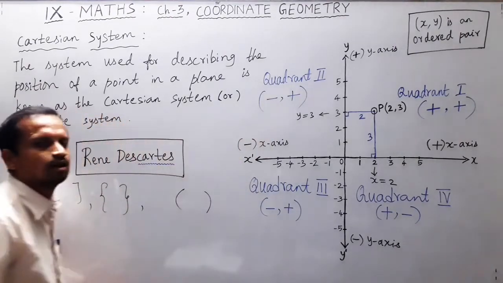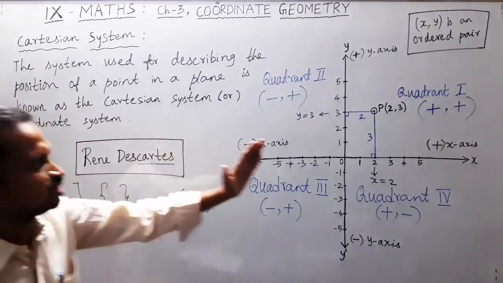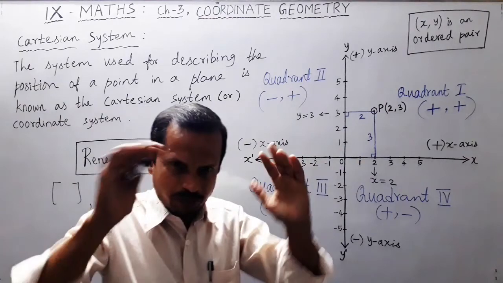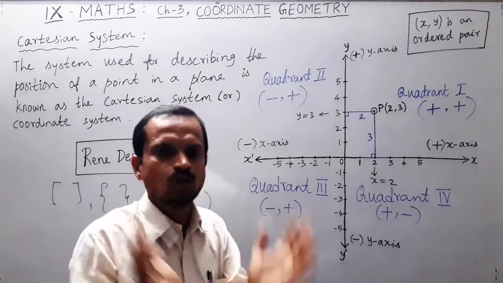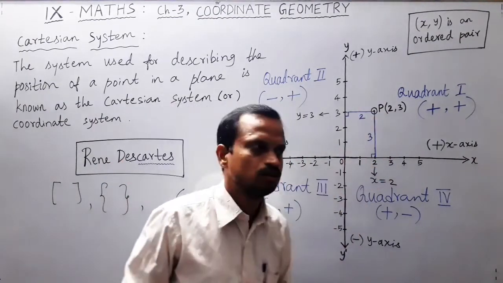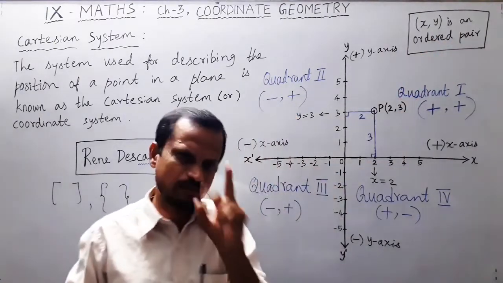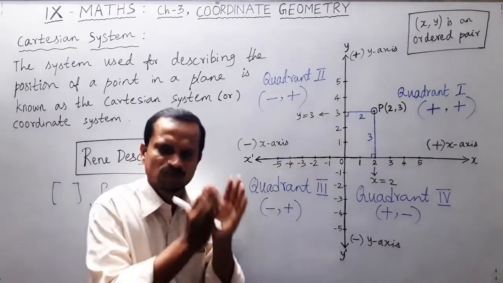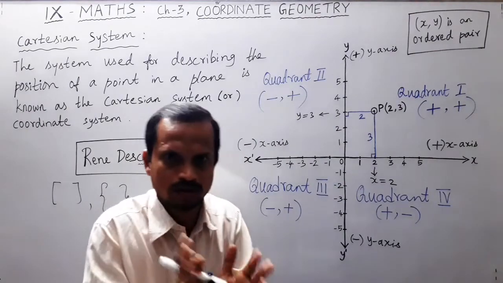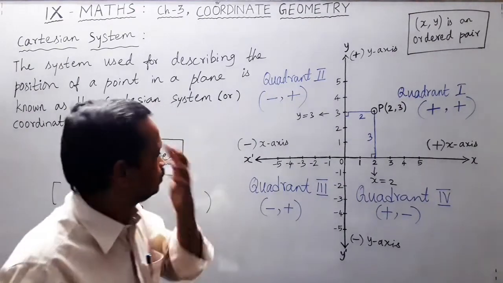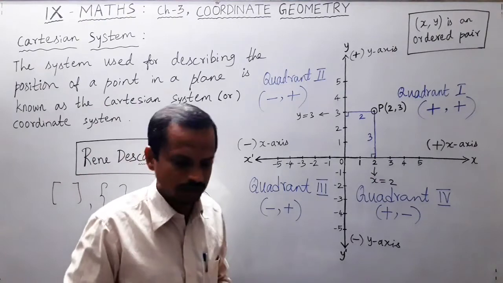This is used to represent the point. So this bracket is used to enclose a point, and it should be an ordered pair. In each order, first we have to write x, and then only y. This is the notable point here.